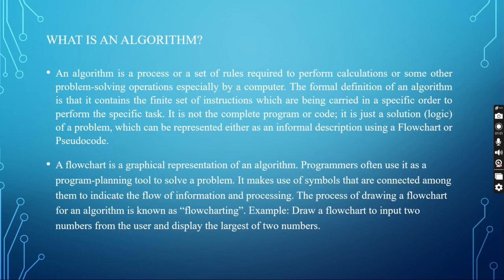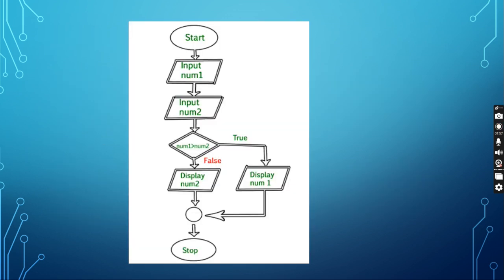Draw a flowchart to input two numbers from the user and display the largest of the two numbers. So this is a kind of flowchart which finds the greater number. So start, input number 1, input number 2. This is the step-by-step procedure. How can we make the flowchart?